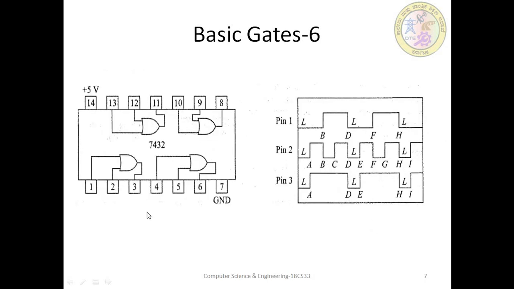So here you can see 7432 is the IC for the OR gate, and this is our output wave diagram: 0 0 is 0, 0 1 is 1, 1 0 is 1, 1 1 is 1, and the same goes on.